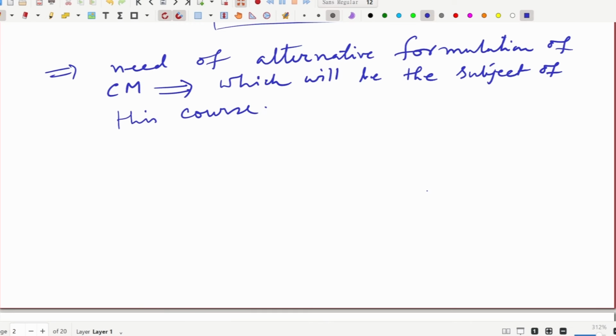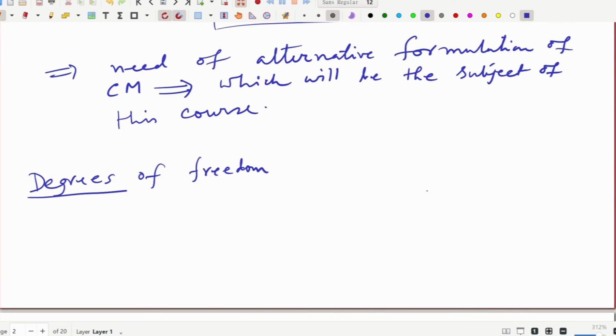So this is the Newtonian mechanics, which you have learned in your Mechanics 1 course, and we find there are certain disadvantages of this mechanics, and we are going to learn a new formulation which will be the topic of this course. So let us start this, and to start this we will start with the concept of degrees of freedom.